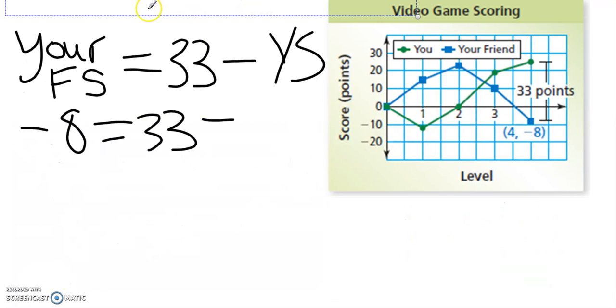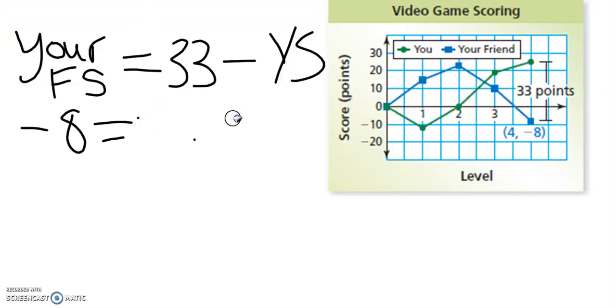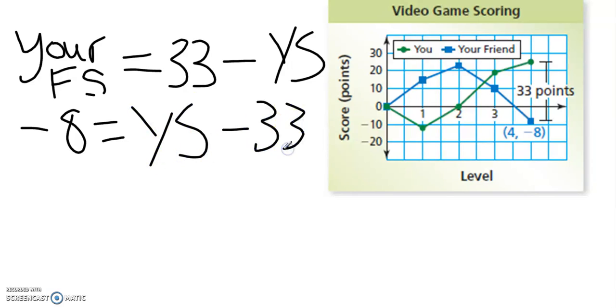actually I'm going to rewrite that. So your friend's score equals your score minus the 33, because your score is obviously going to be bigger than the 33. And if we did it the other way, it just wouldn't work out.